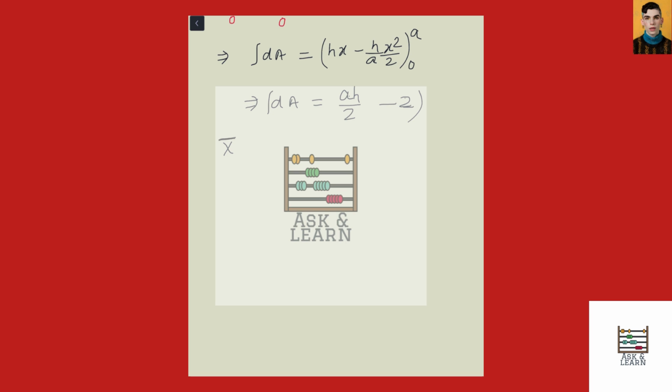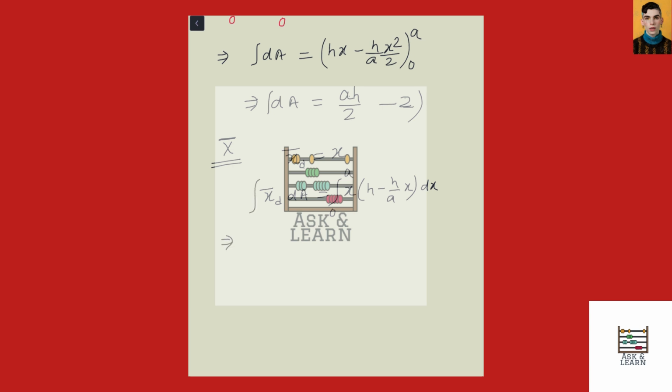x bar. X bar is the center of mass or centroid along the x-axis. For the calculation of x bar, I can see from the geometry that xd bar equals x. So I can write integration of xd bar into dA equals integration of x times (h minus h by a multiplied by x) into dx, integrated from the limit 0 to a.